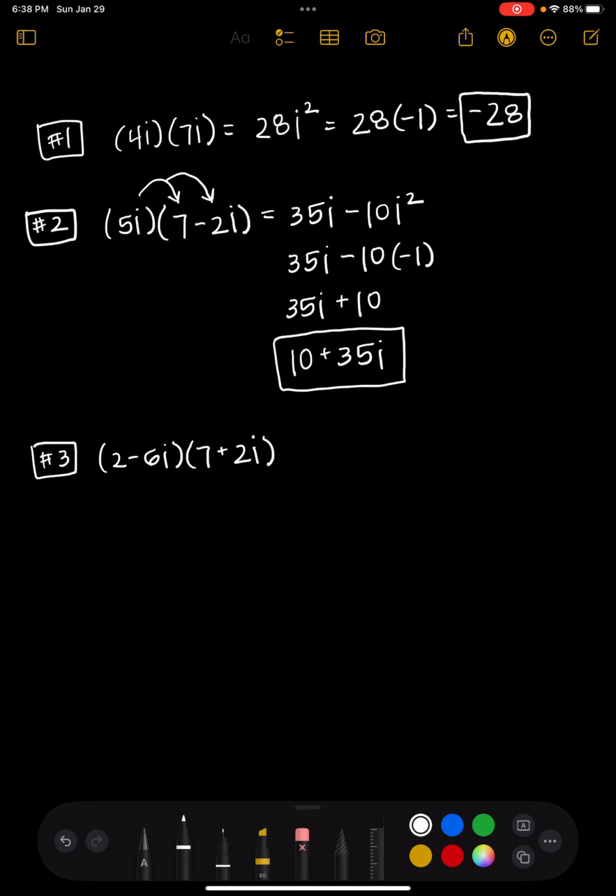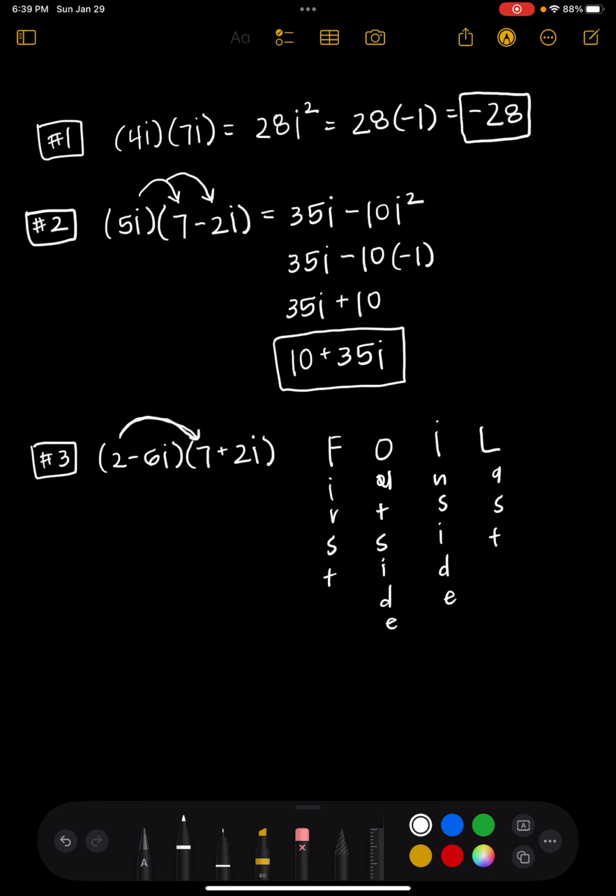And if you remember foiling, you have to make all the different combinations. FOIL stands for first, outside, inside, and last.